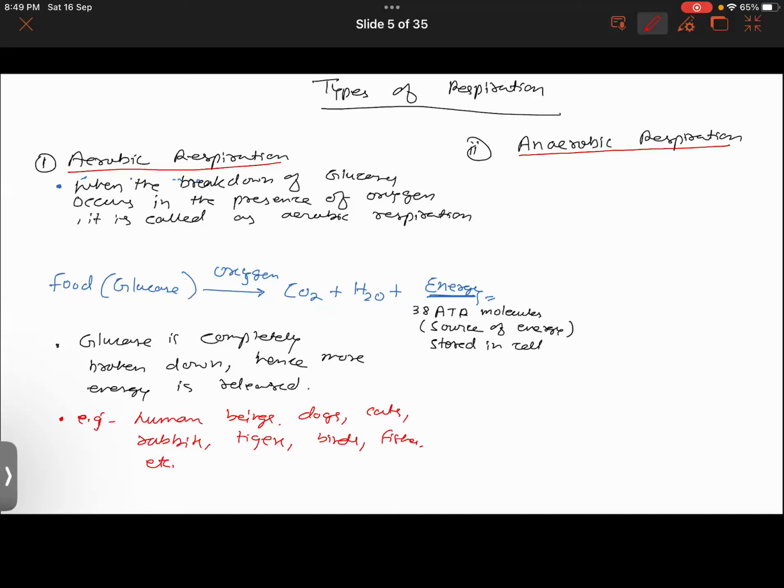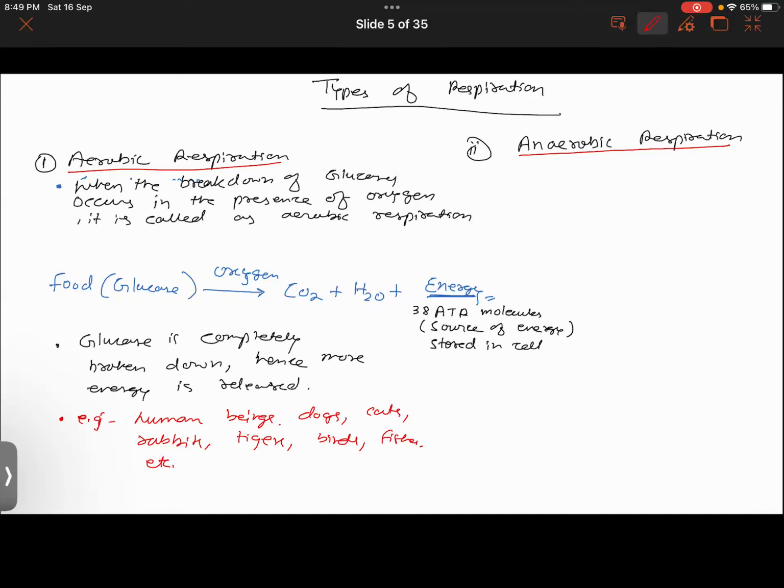It produces a considerable amount of energy, as you can see, 38 ATP molecules. Complete oxidation of food occurs during the process, so that leads to the complete breakdown of glucose. So more energy is released.